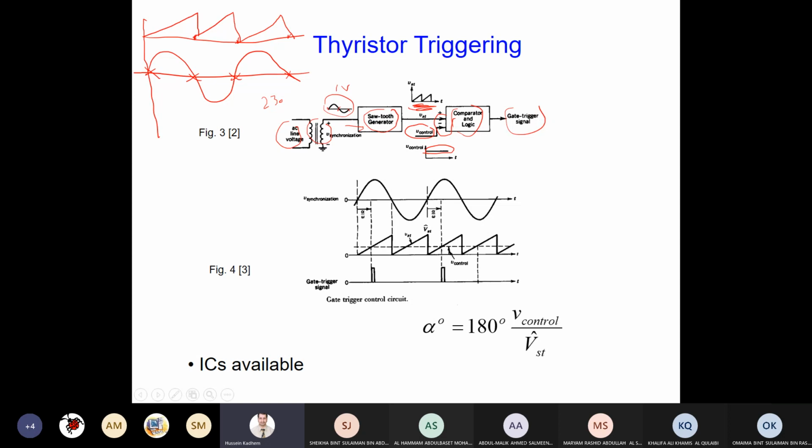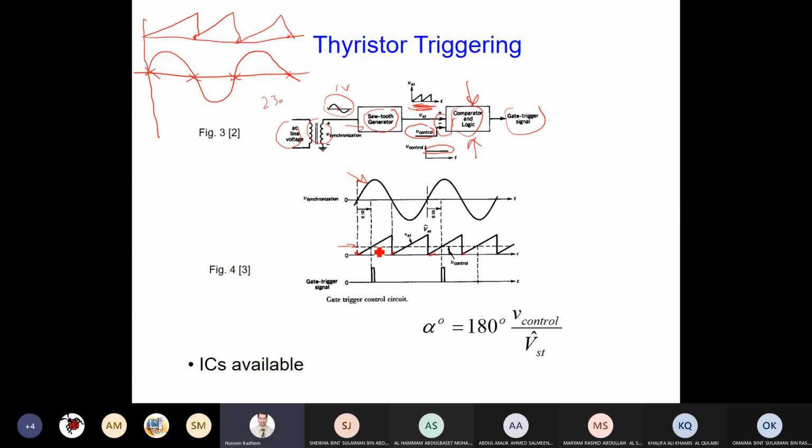How does this happen? Have a look. I will control this comparator, let me say program it. This is my input, this is the sawtooth at the zero crossings, and the dotted line here is the control signal. We program the comparator, the logic circuit, to give a signal pulse when the sawtooth is higher than the control.